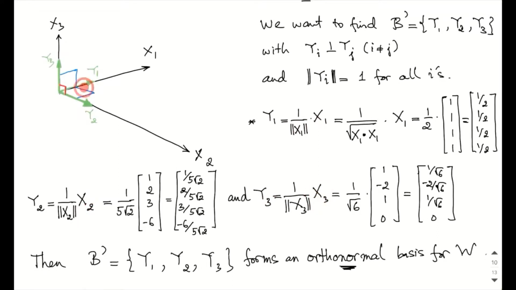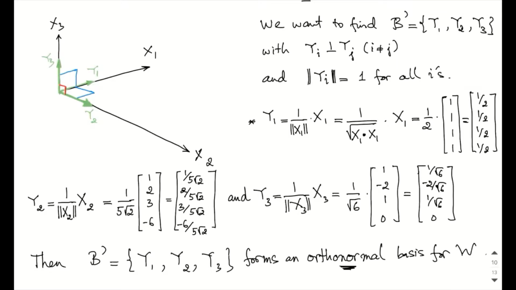So the orthogonality will be kept between them. The unit vectors are ensured because we divide every one of these vectors by their length. So it's like we scale them back to unit vectors here. And that's the geometric idea of what is going on behind our computation.